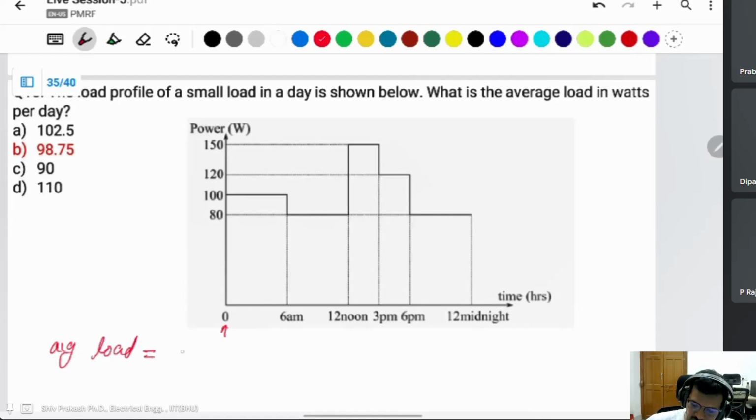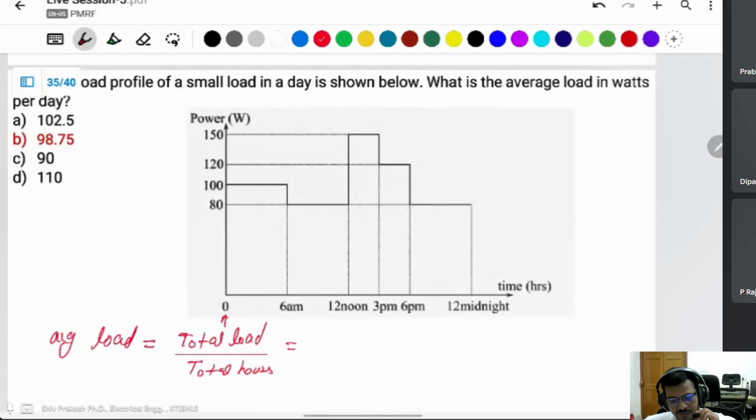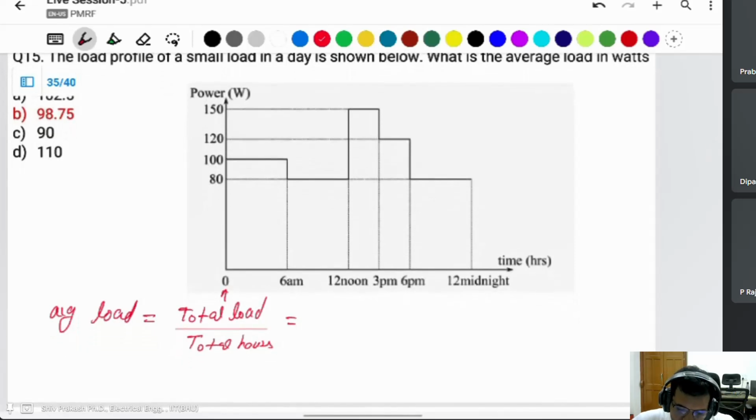Average load is total load divided by total time, the total hours. This is the load profile.